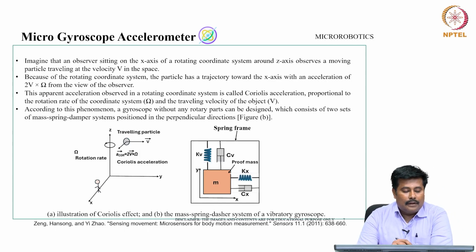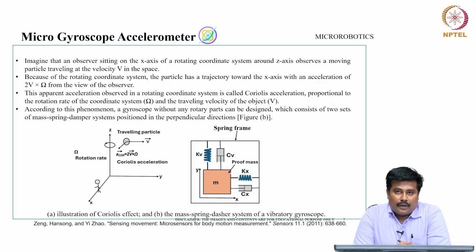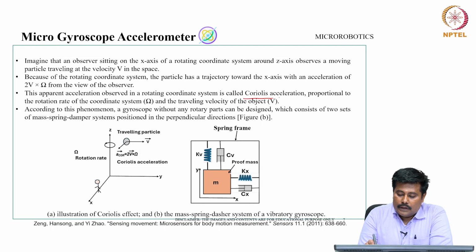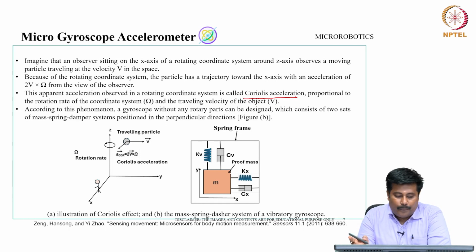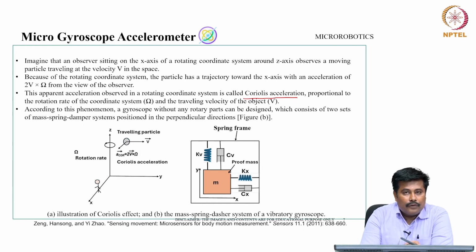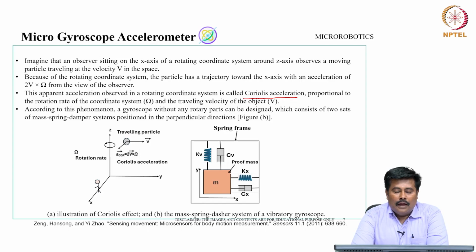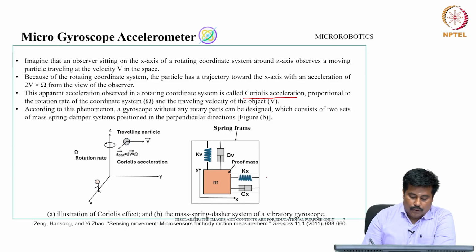This apparent acceleration observed in a rotating coordinate system is called the Coriolis acceleration, proportional to the rotation rate of the coordinate system and the travelling velocity of the object v. According to this phenomenon, a gyroscope without any rotary parts can be designed, which consists of 2 sets of mass spring damper systems positioned in a perpendicular direction as shown over here.